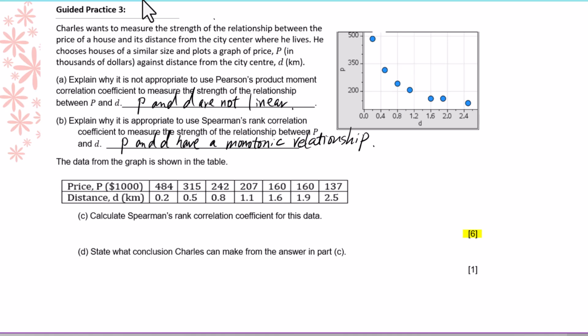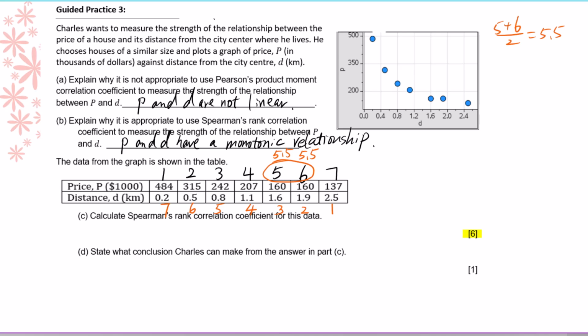Highest value is rank 1, 2, 3, 4, 5, 6, 7. For the same data, 5 plus 6 over 2 equals 5.5, 5.5. Ranks 1, 2, 3, 4, 5, 6, 7.